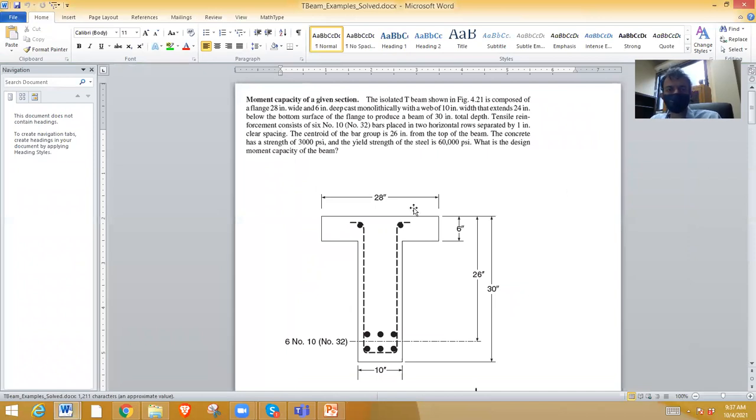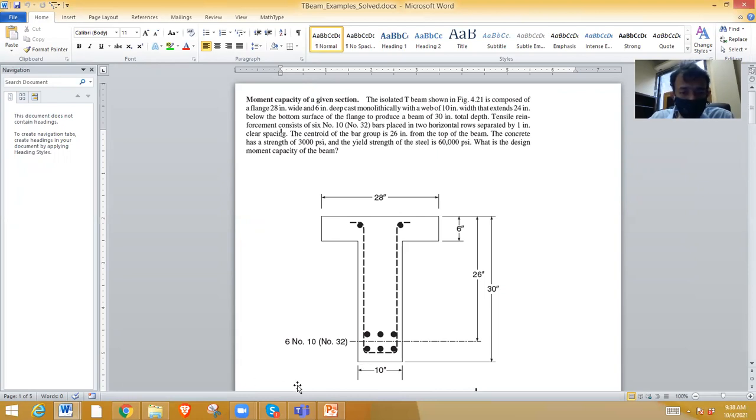So here is our beam. This is an isolated T-beam. It is 28 inches wide, 6 inches is the flange depth, and the effective depth is 26 inches. The web width is 10 inches.